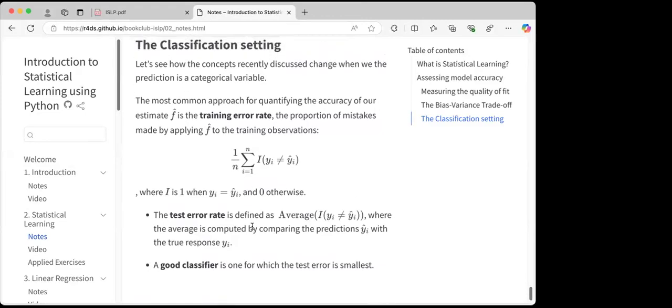So in the book, he went on to explain how to compute the error rate, where he talks about the Bayes classifier, which uses the concept of conditional probability to classify the data into the categories that we are interested in.